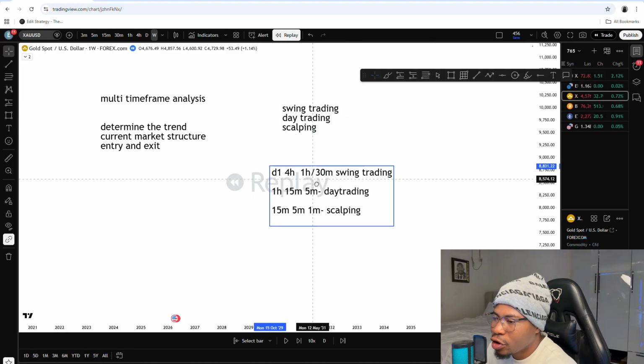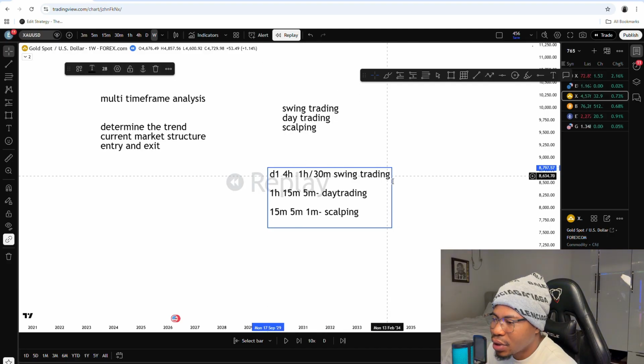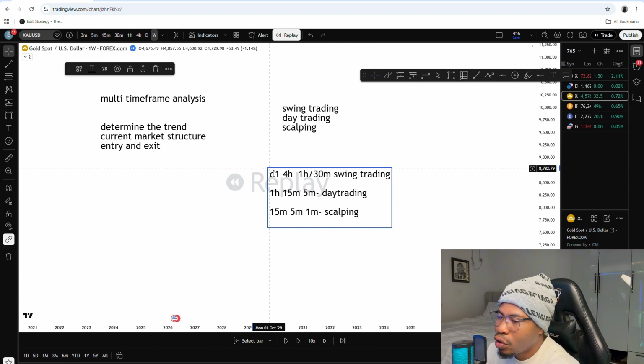All right, now if you come to this, these are time frames that I've mapped out for this. All right, for the swing trading, we make use of the daily, 4 hour, 1 hour, and 30 minutes. Now, the traders in this category take trades that take time to actually play out. All right, they don't trade on a day-to-day basis, so they wait for weeks or days for their trades to play out.